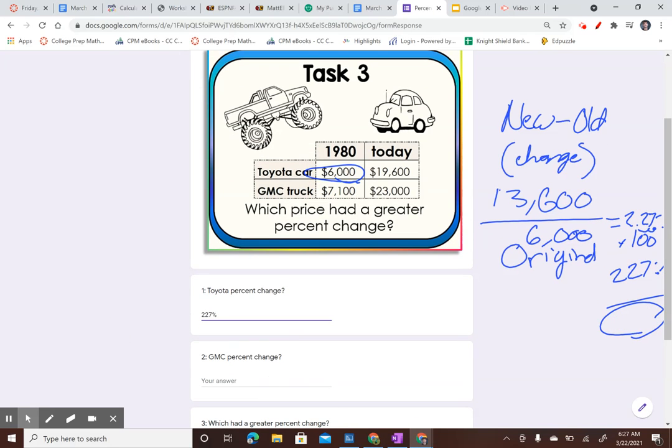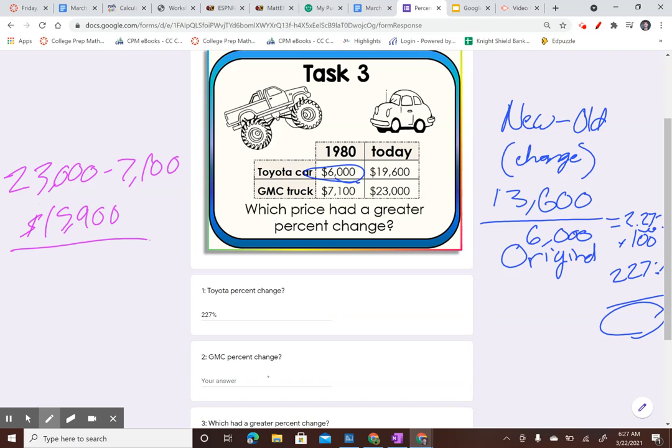And then for my GMC percent change, I'm going to take 23,000 minus 7,100. And let's see, that's going to give me $15,900. That's my change between the two prices.